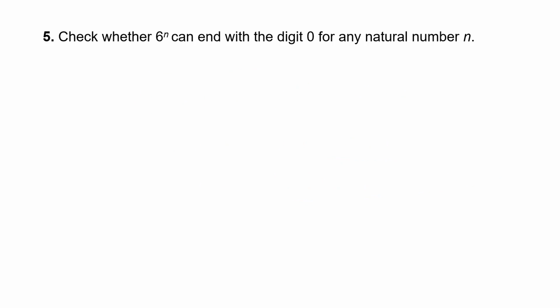Okay. Next question is, check whether 6 power n can end with the digit 0 for any natural number. 6 power n is given, so n is any natural number. If I put 6 power 1, it is 6. 6 square is 36. Likewise, you can substitute any natural number over here.